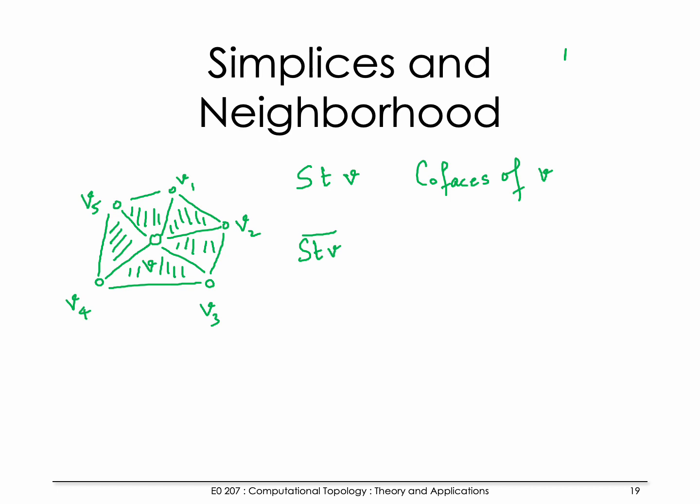The next notion of neighborhood that I want to define is called the link. The link of V is essentially all those vertices and edges that are one hop away in this case. More formally, it is the difference between the closure and the star.